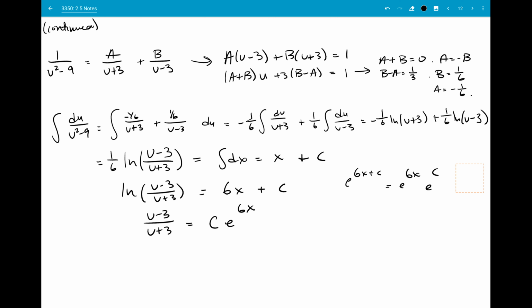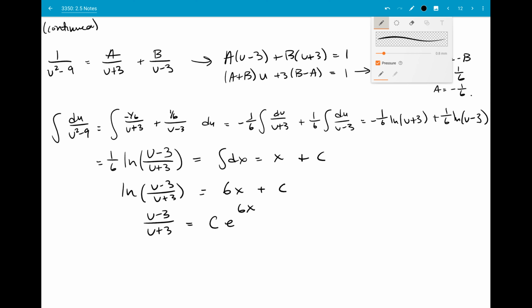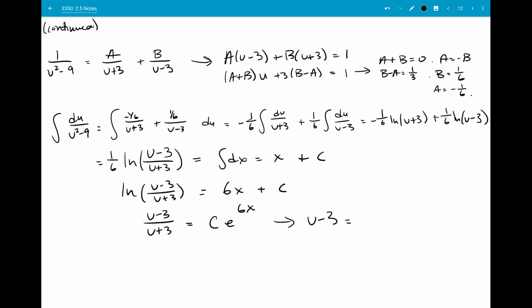I'm not changing the notation on that c every time it changes because it's just an unknown number to me right now. Really, that became like 6c and then e to the c, but I didn't want to do that. So u minus 3 is u plus 3 times c e to the 6x. So u minus 3 is c u e to the 6x plus 3c e to the 6x.